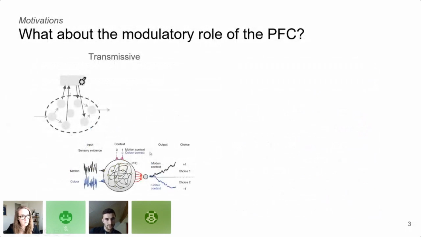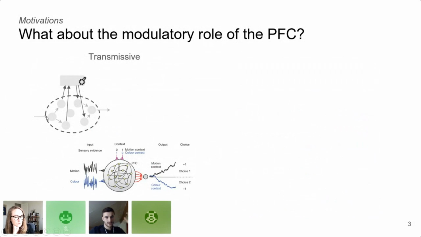So here we have assumed that the role of the PFC is more transmissive. And I have a small diagram to illustrate what I mean by that. We have the prefrontal cortex represented by the box on the top, and different cortical areas depicted below.